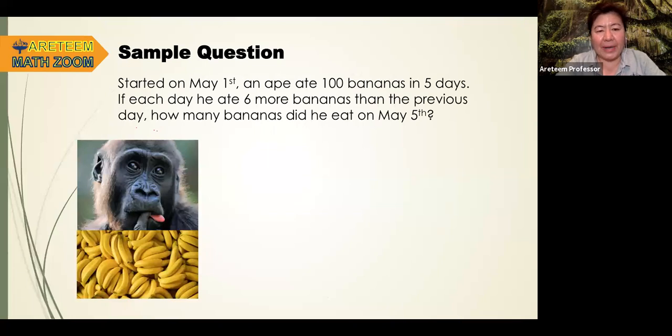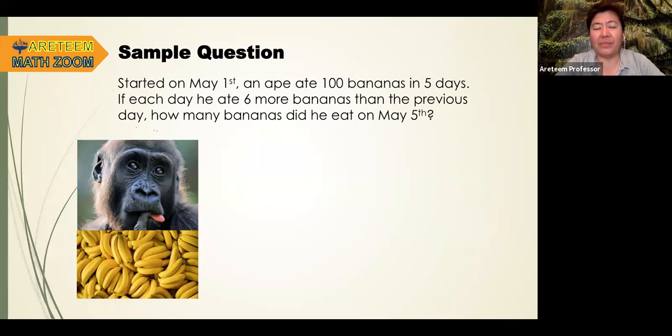This problem, I actually use it for interviewing teachers. You'll be surprised to know a lot of teachers don't know how to solve this problem. That's too bad. Most of the adults, when they see this problem, use algebra.